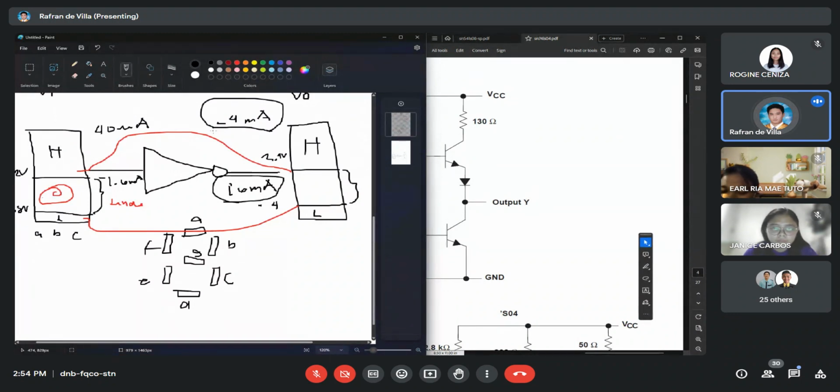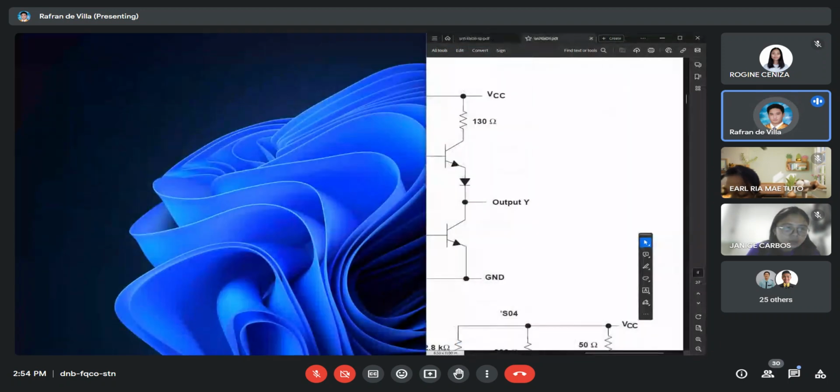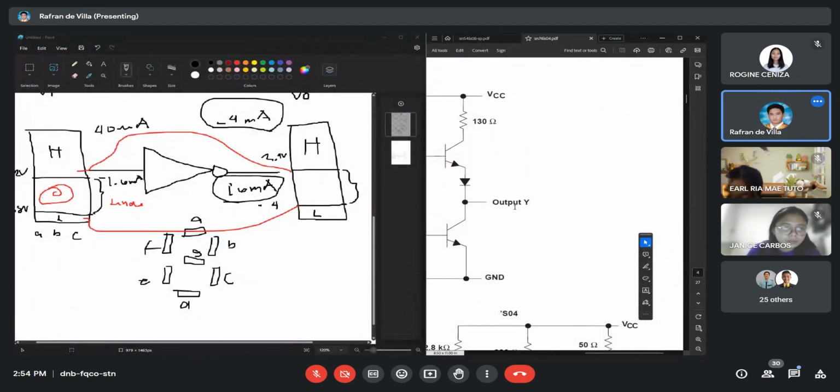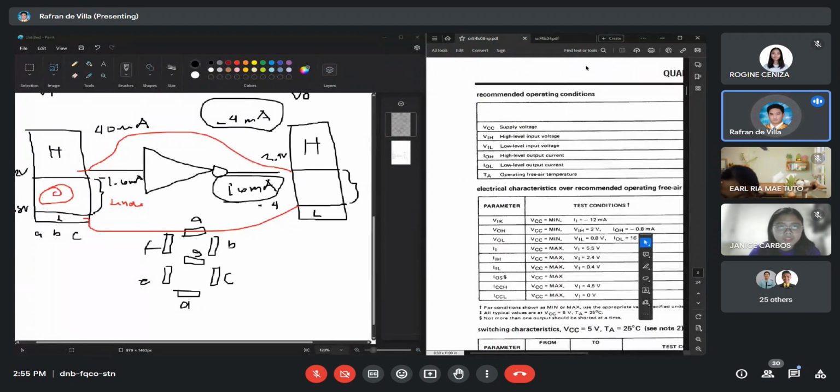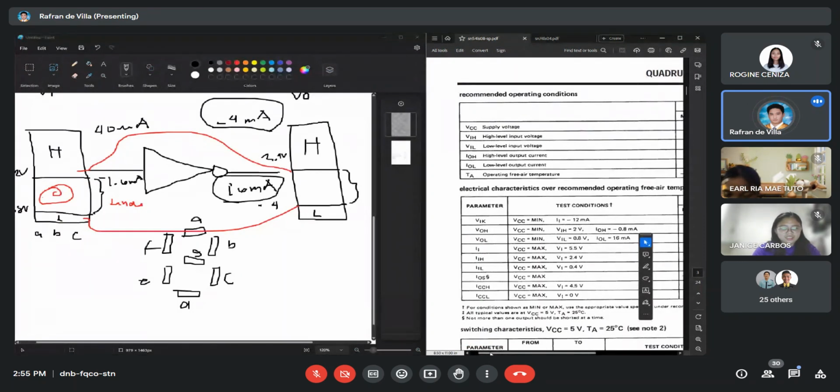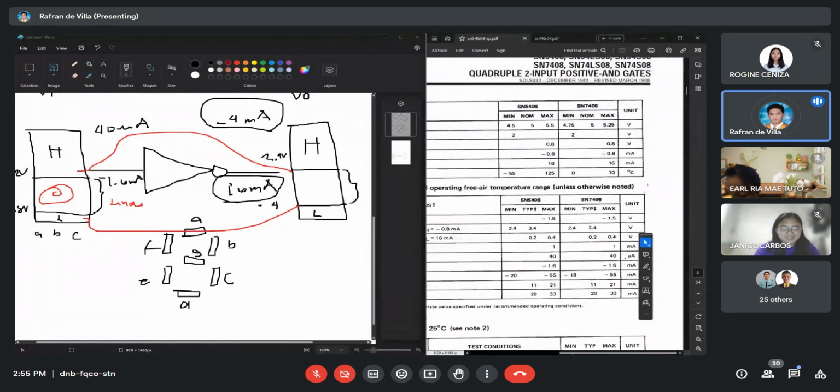But still it doesn't explain why the current output low is larger than the output current high. If you look at the data sheet, it's not only true for the 7404, but it's also true for the 7408.